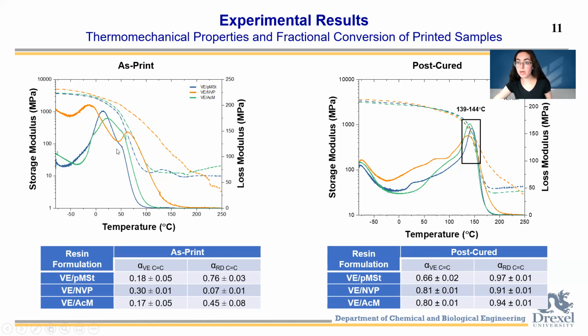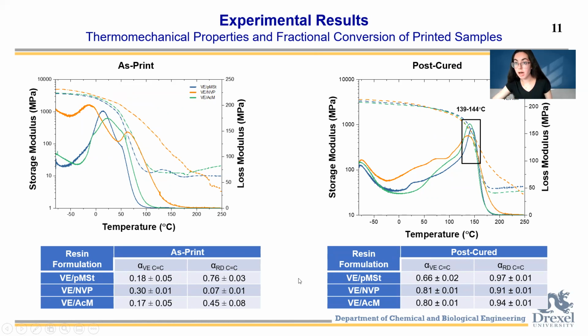The first main takeaway from this set of data is that both the glass transition temperature and the storage modulus at room temperature, which indicate thermal stability and can also give an indication of structural properties at room temperature, all increase with the post-curing procedure, and the fractional conversion of monomers also increased with this post-curing procedure as well.